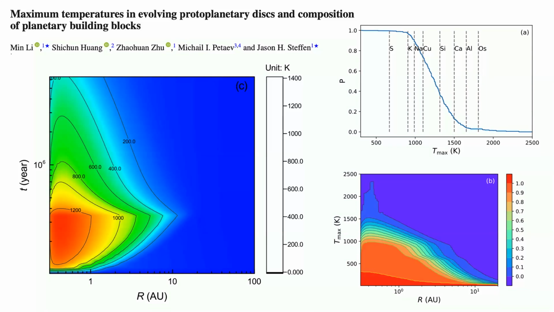He did some work in the 90s, and he was able to reproduce the chondrite composition. But if we added a more sophisticated disk, instead of just an analytic model, a model that has a viscosity, where the temperature varies based upon how the gas interacts with itself, then we're not able to get a disk that's hot enough to produce the chondrites. So we had to go even more sophisticated than that.